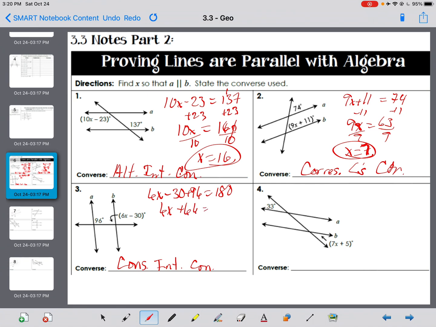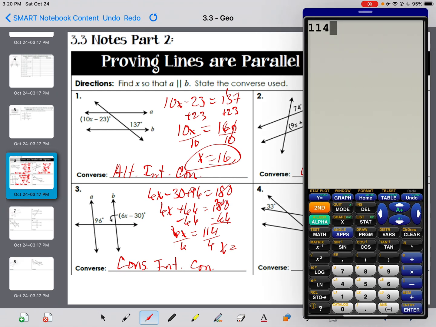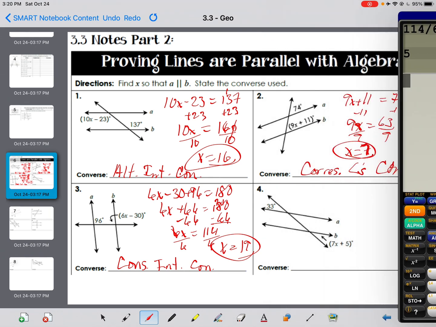So 6x plus 66 equals 180. So let's take away the 66. 6x equals 114, and we're going to divide by 6, so x equals 19.